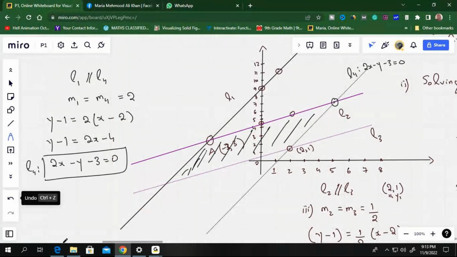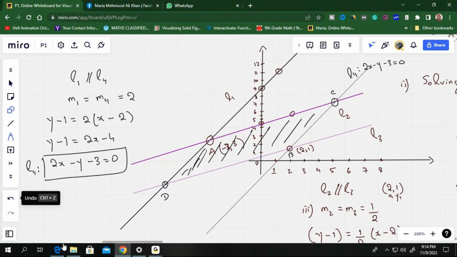If I call this point A and this point B, now I need to find C and D coordinates. C is obtained by the intersection of L4 and L2, and D is obtained by the intersection of L3 and L1.